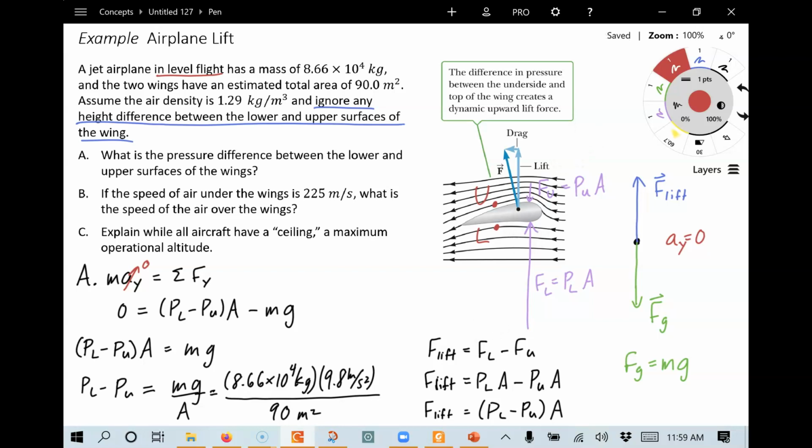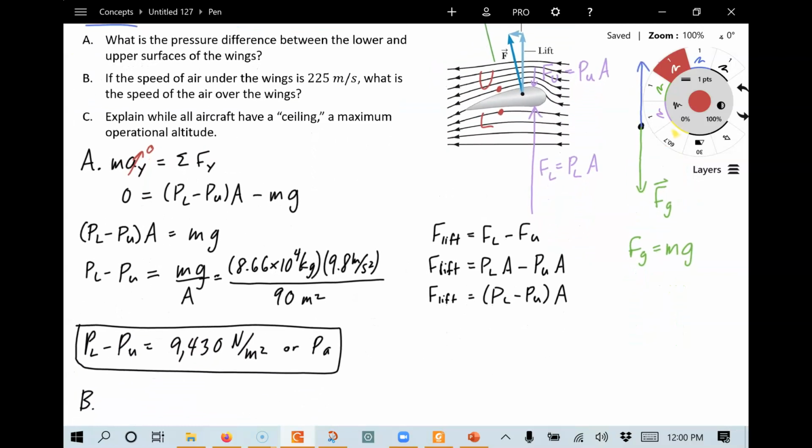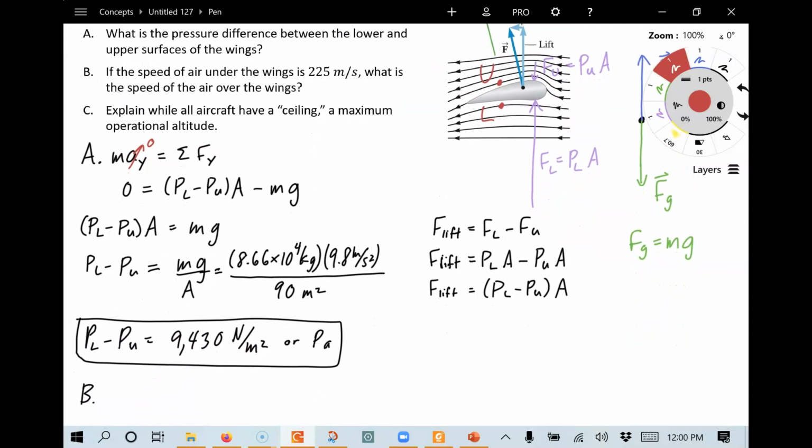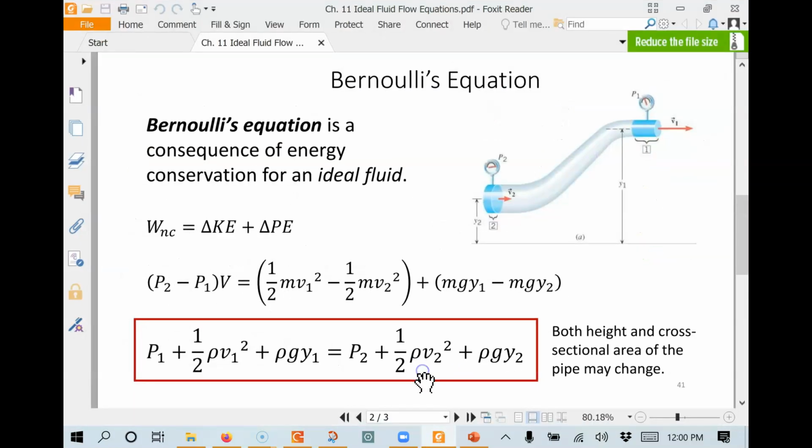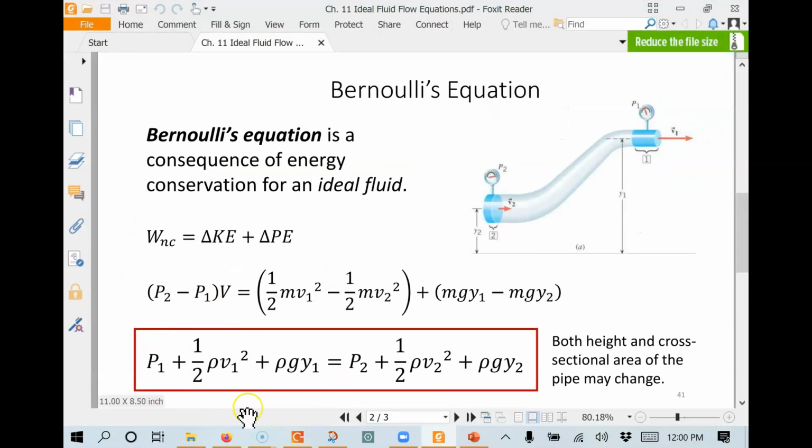All right, so in order to use Bernoulli's equation, let's see how we might write this down. Bernoulli's equation tells us that we can write two sides that are equal, and there's three terms for each point. Here we've labeled the points 1 and point 2.